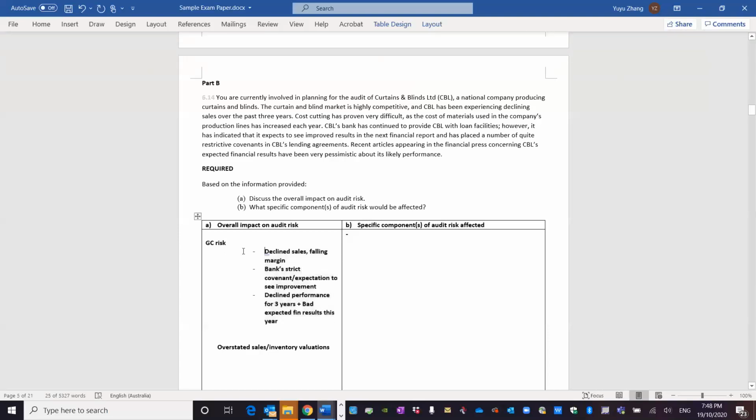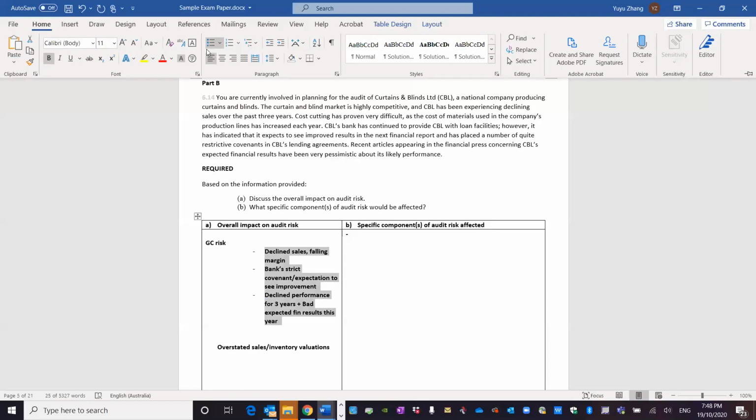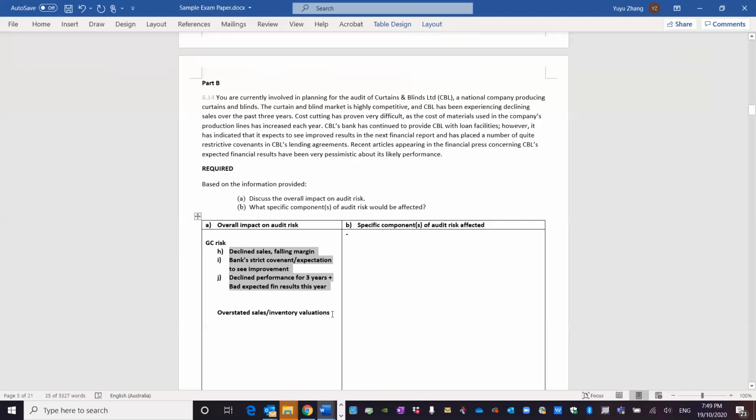Okay. So I think these identified reasons are quite valid. Okay. And Kim and also Ansley also mentioned the potentially overstated sales or inventory valuations. So you also need to provide a justification.